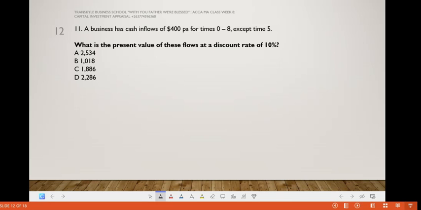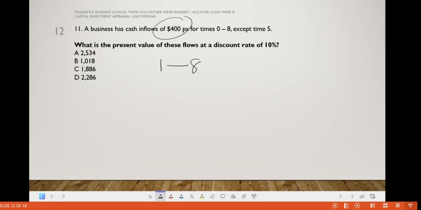This is a more interesting question, but we just have to stand on the principles. So we need to establish the inflows. First of all, we need to establish the PV factors. From year 1 to 8, we need to have the annuity factor there, because these cash flows are 400 per annum.